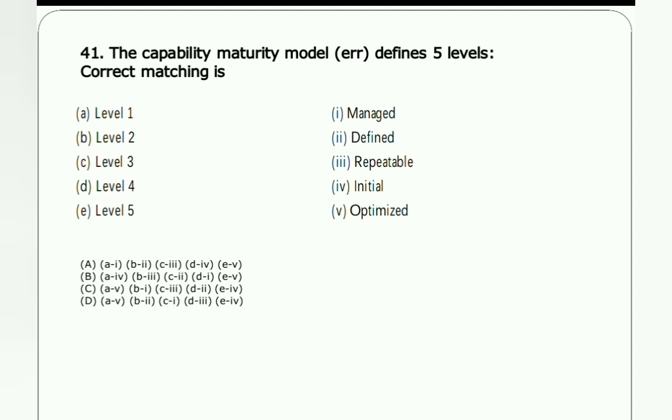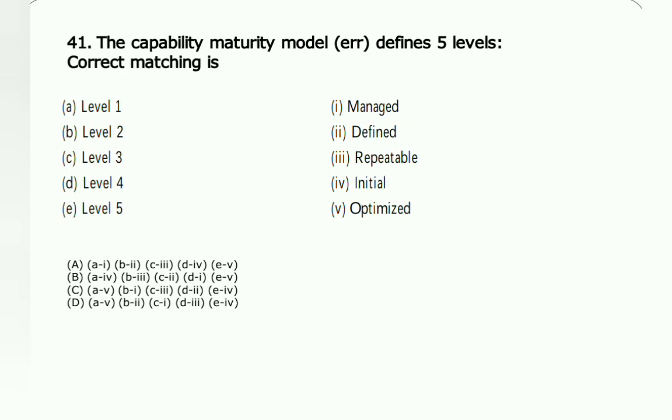The 5 process maturity levels, based on certain key process areas, are initial, repeatable, defined, managed and optimized. So the initial is the level 1 process. It is ad hoc and it is the starting point for the use of a new or undocumented repeat process. And level 2.